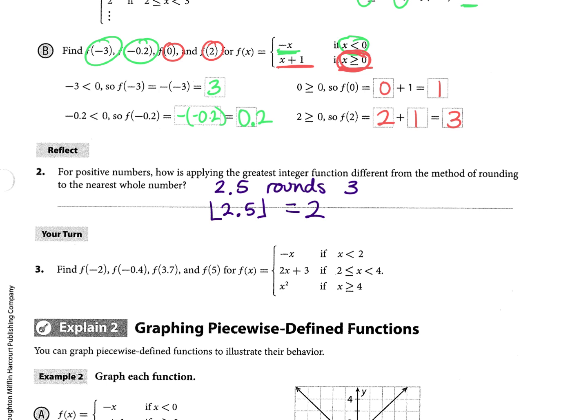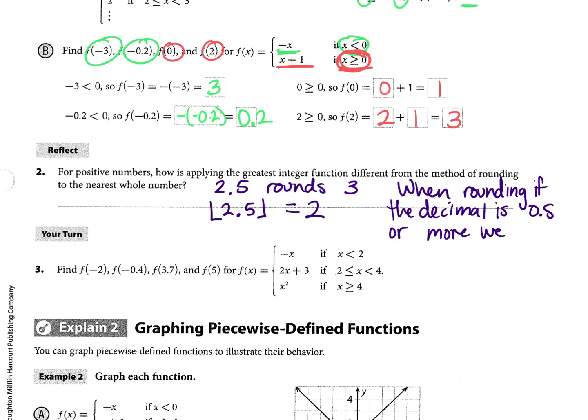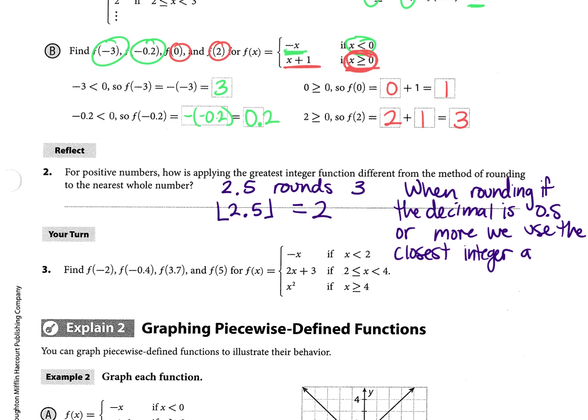So we're going to say when rounding, if the decimal is 0.5 or more, we use the closest integer above.